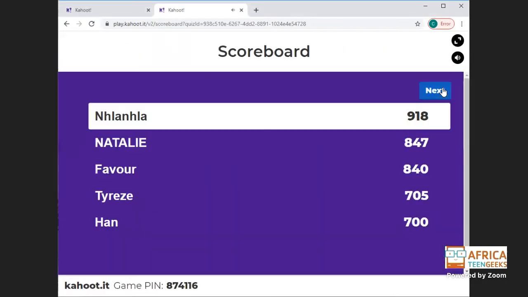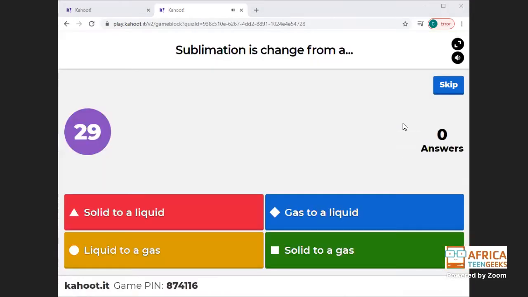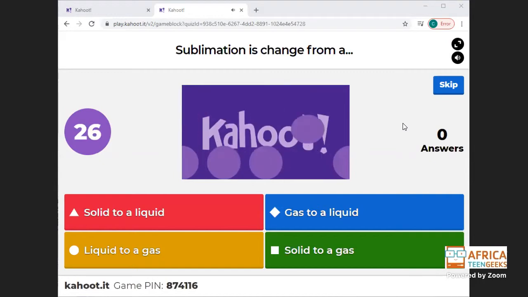Next question. Sublimation is change from a solid to a liquid, liquid to a gas, gas to a liquid, or solid to a gas.